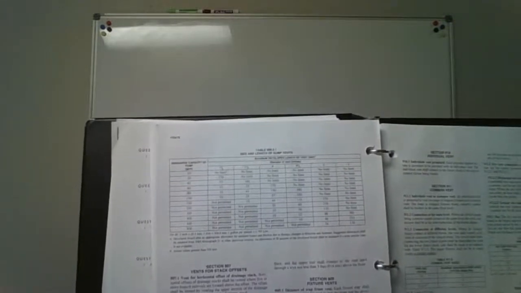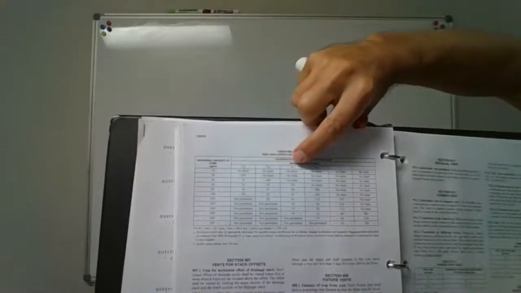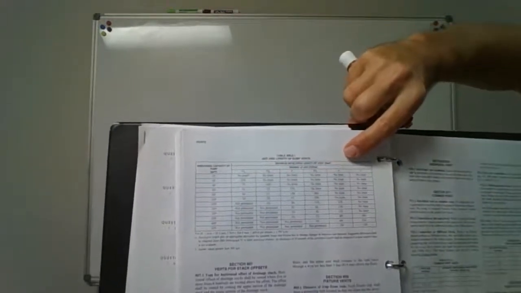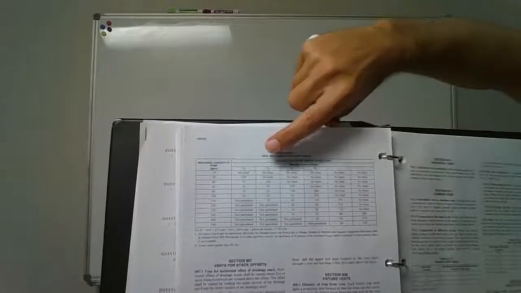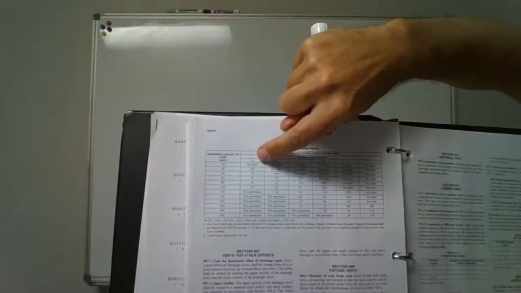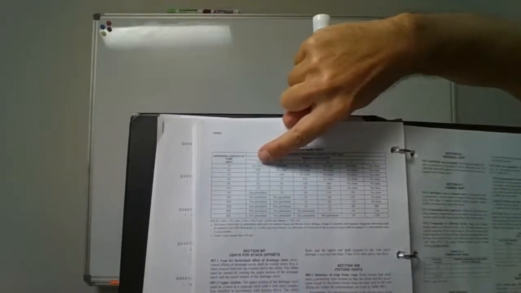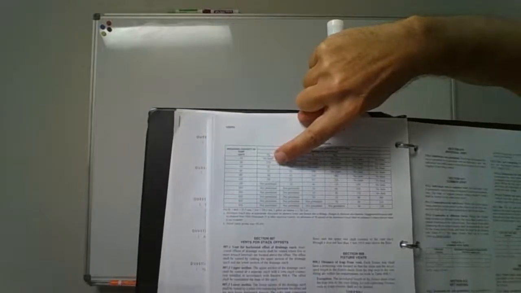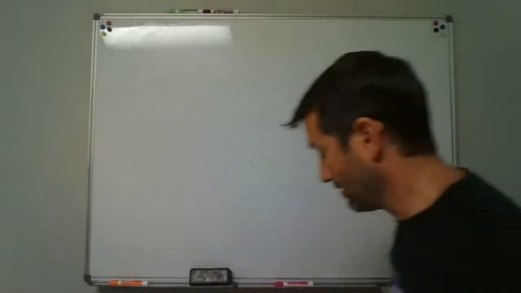You've got the diameter of the vent coming across the top here: 1.25, 1.5, 2, 2.5, 3, and 4. Maximum developed length of the vent. Some of them will say no limit to it. Then you have feet, how many feet you can have, and then some say that it's not permitted. Okay, so you're reading that.